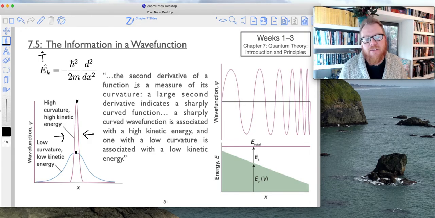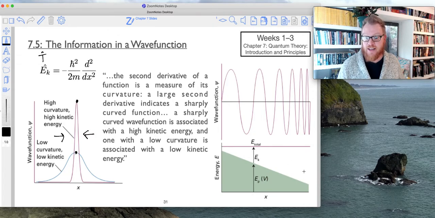Another way we can think of this second derivative analysis: if we look at a wave function, perhaps it looks something like this, okay? We can see as this oscillates and gets to higher and higher frequency, if we think about the kinetic energy, we have high kinetic energy on this side and low kinetic energy on this side, which would look something like this, right?